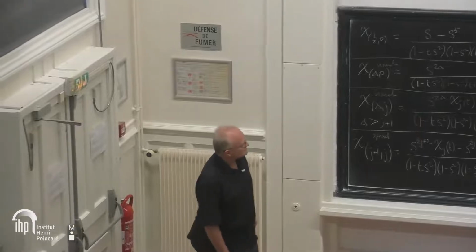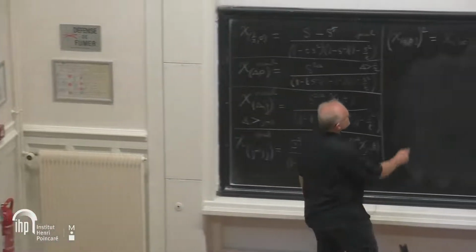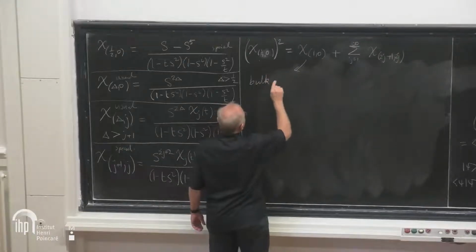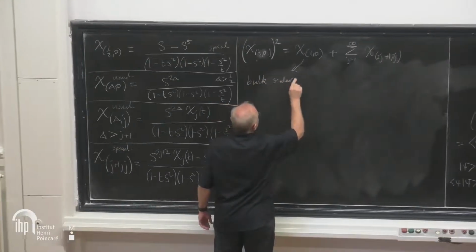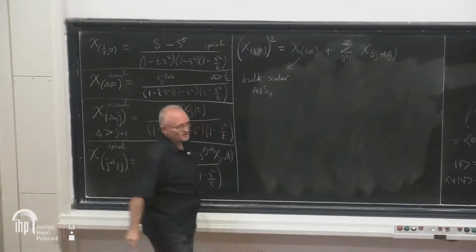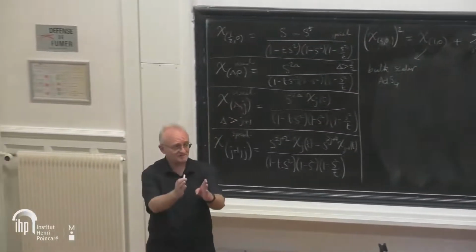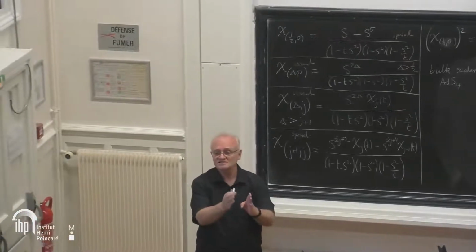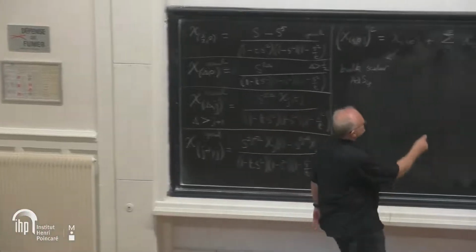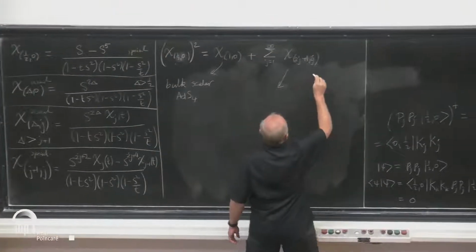Okay. So why is this important for us? Well, this term over here corresponds to a bulk scalar. This is in AdS4. So that primary in the CFT will correspond to a bulk scalar in the AdS4. From here, these are all conserved currents.